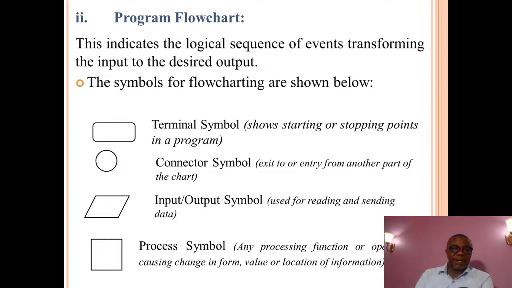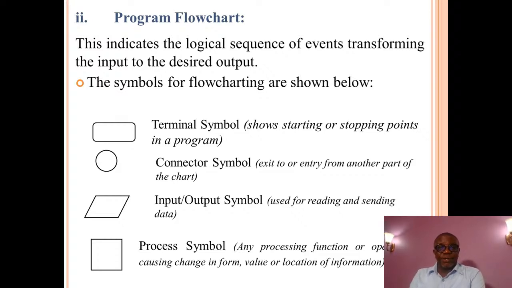And the trapezium there, which is the input or output symbol used for reading and sending data. For instance, if you want to get data from the source or you want to output data, this is the symbol you use.